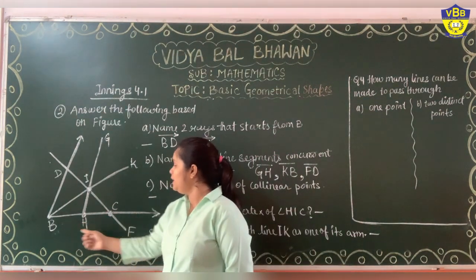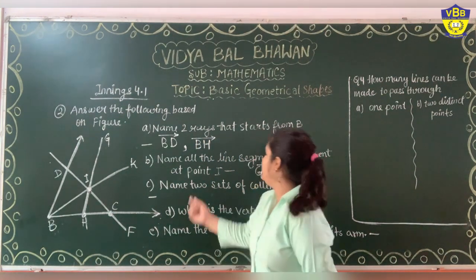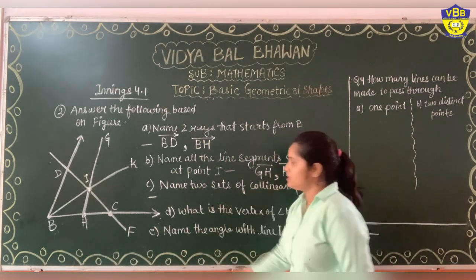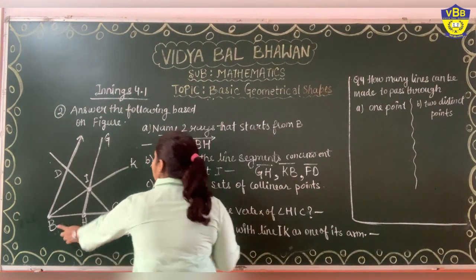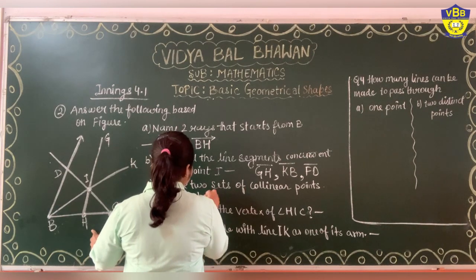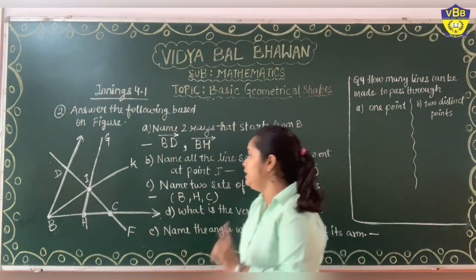So points B, H and C are collinear points. You need to tell two sets. So the first set we are writing B, H and C.